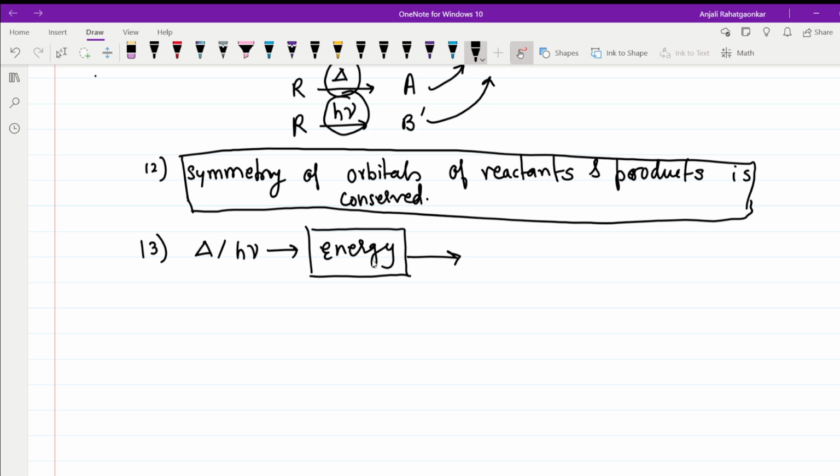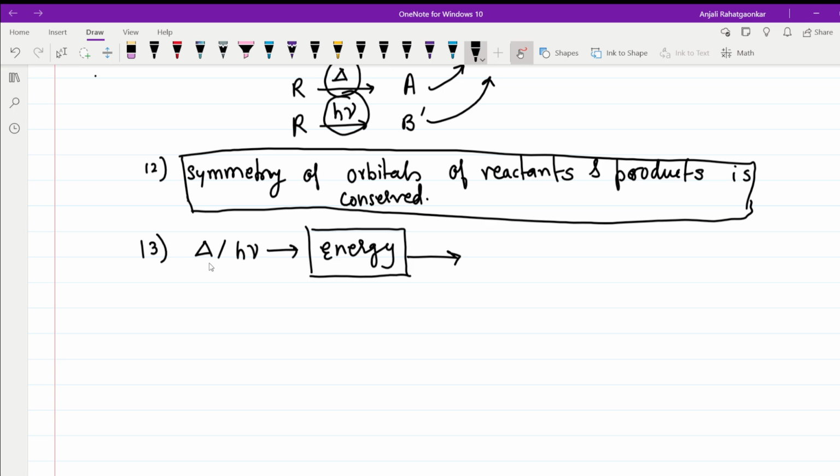Both the energies are different sources. So how the reaction takes place in this, it means only energy is not sufficient to explain the results, but it is important to make a difference between these two reactions.